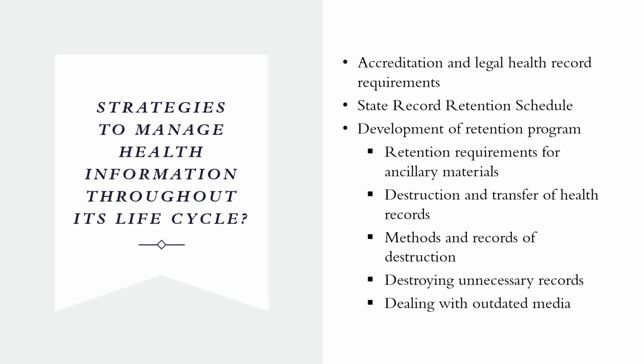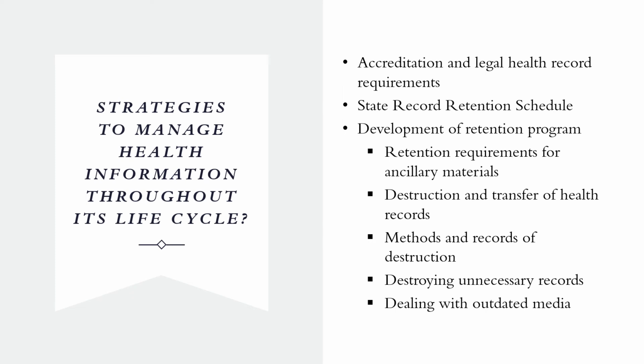It's also important that we look to the accrediting body of the facility and determine the legal health record requirements. We should also look to our state record retention schedule and develop a retention program.